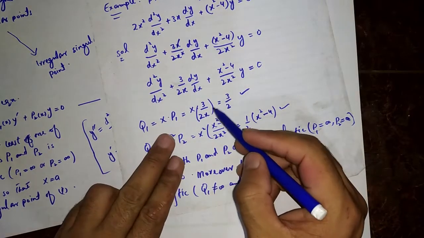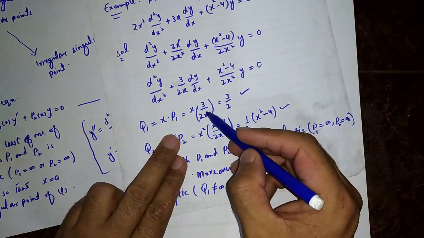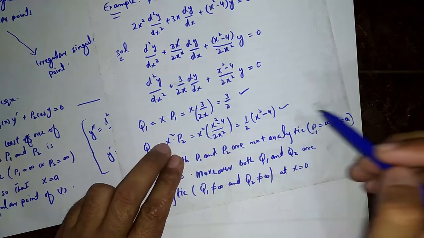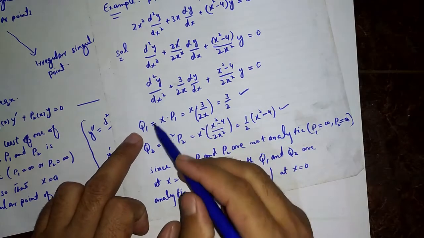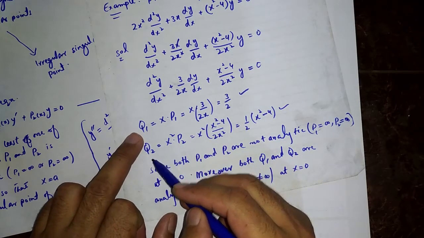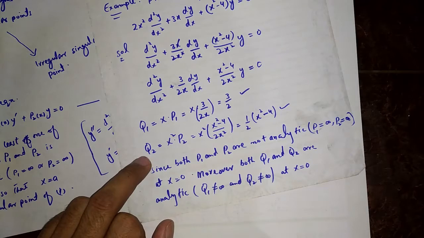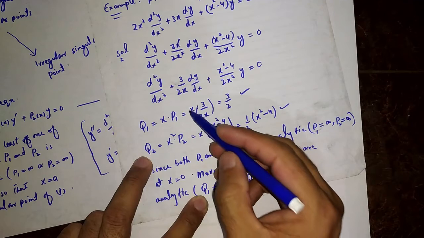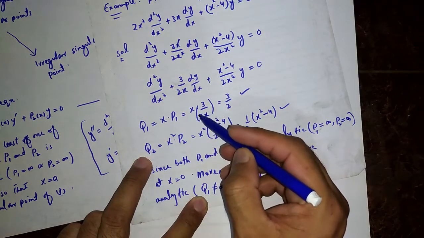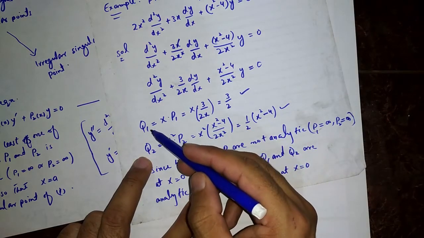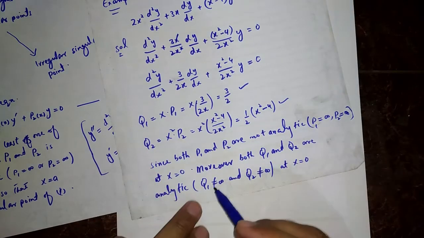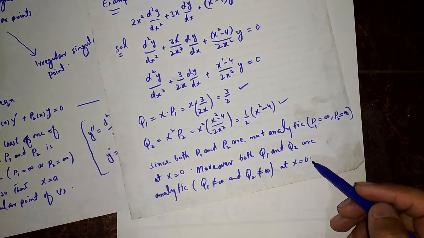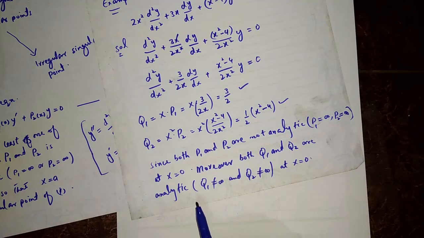Here we see that if x equals to 0, then p1 goes to infinity, so this is not analytic. p1 and p2 are not analytic. However, q1 and q2 don't go to infinity at x equals to 0. So this means that they are analytic.